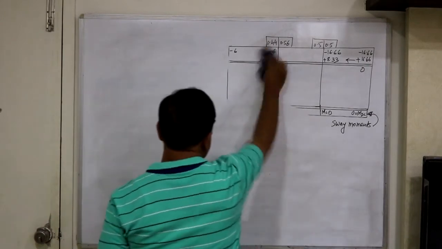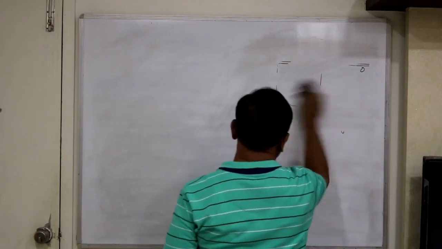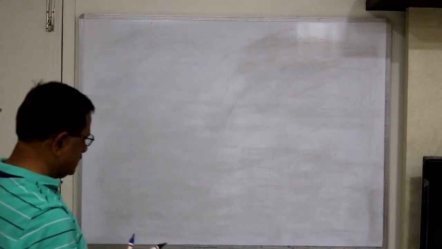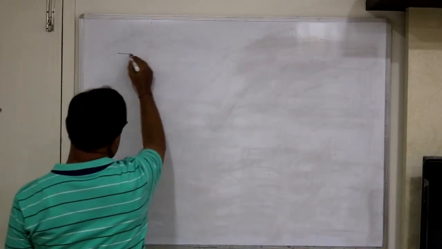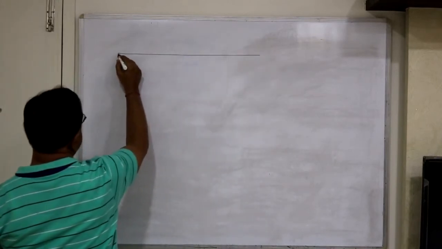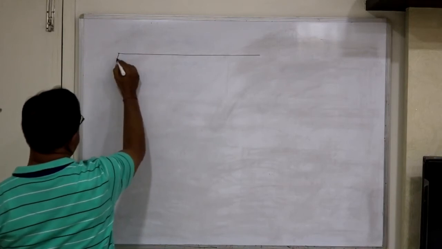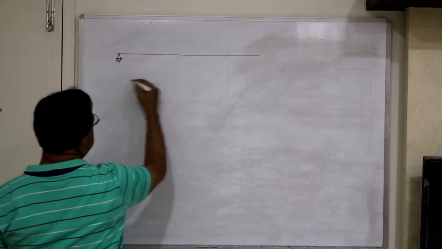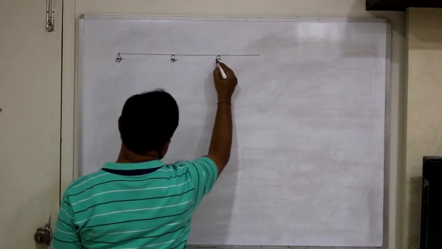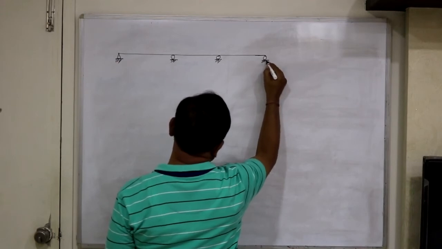Suppose one case that we have not attempted is when a joint is subjected to a concentrated moment. Then how do we solve it using the moment distribution method? Suppose you have a continuous beam, say like this, with a hinge support, then a roller here, this is also a roller support, and this is also a roller support.